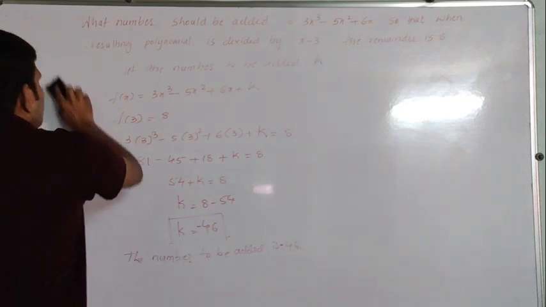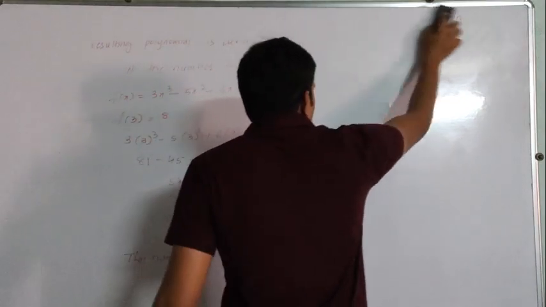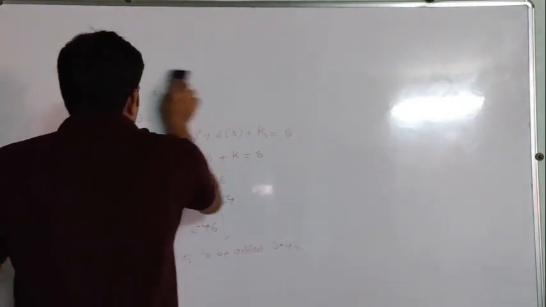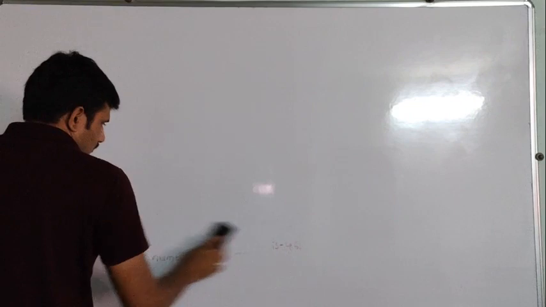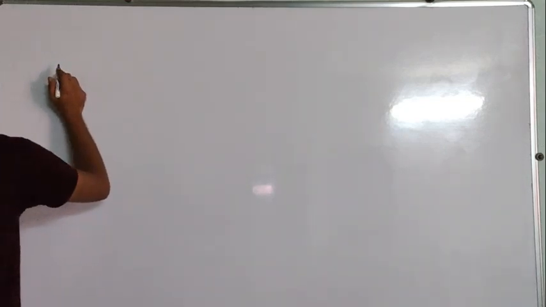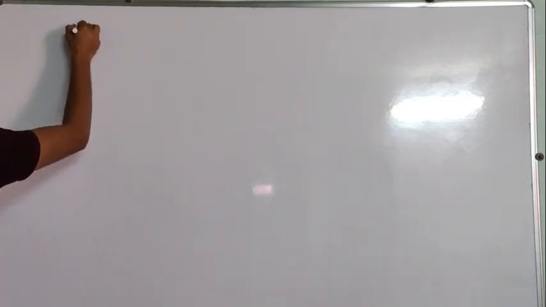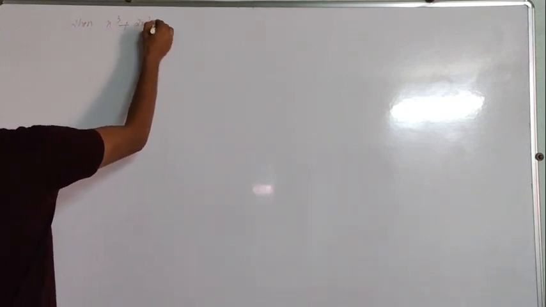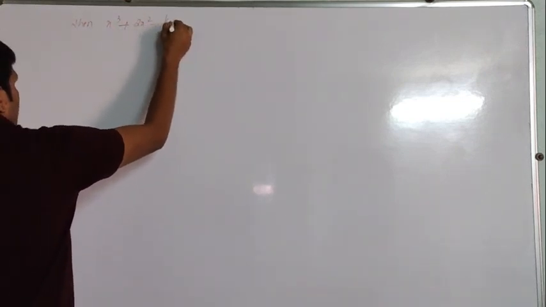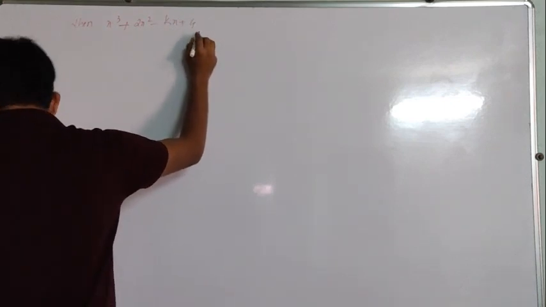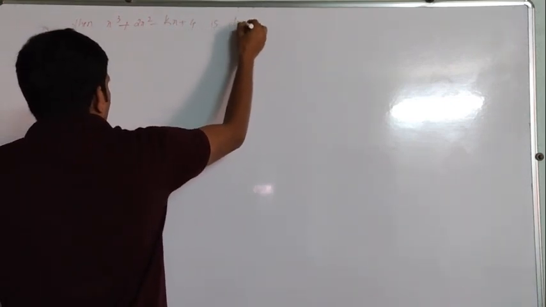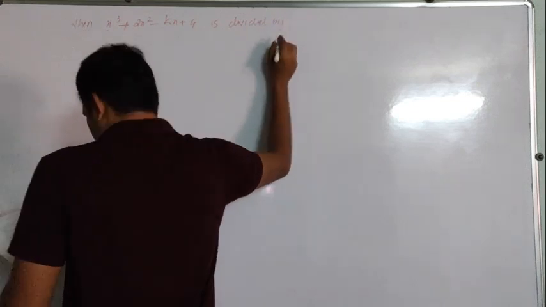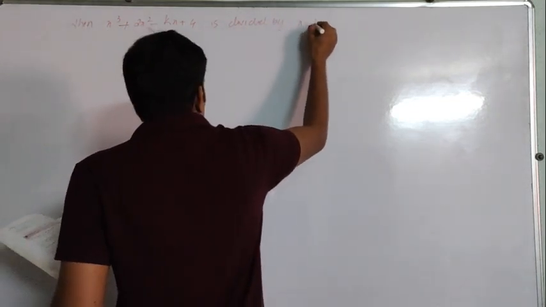Next problem. x cube plus 2x square minus ax plus 4 is divided by x minus 2.